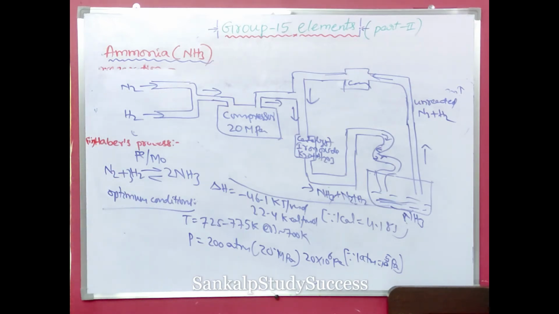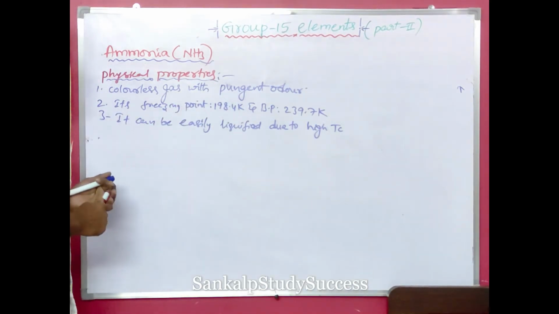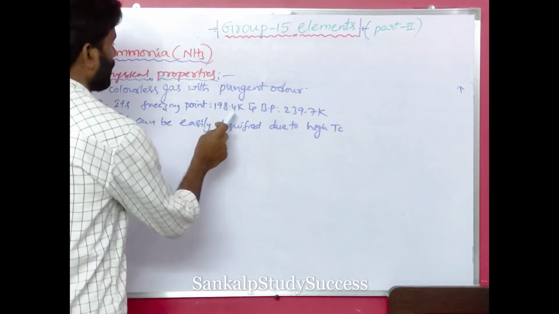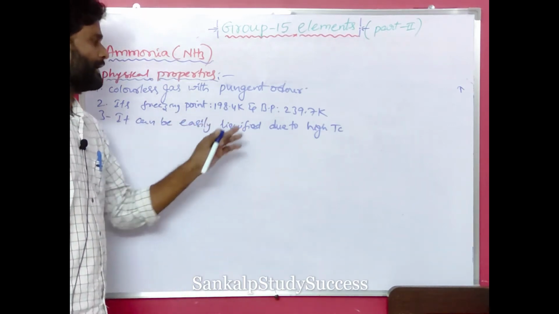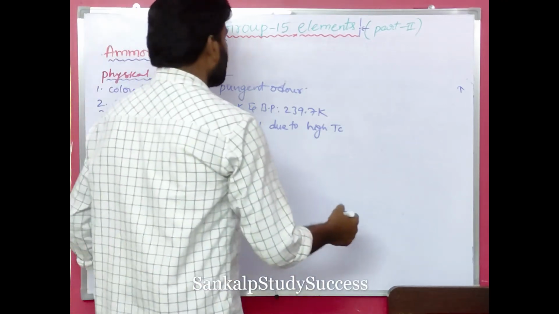Now, physical properties. It is a colorless gas with a pungent odor, its freezing point is 198.4 Kelvin, and its boiling point is 239.7 Kelvin. So its boiling point is very high.